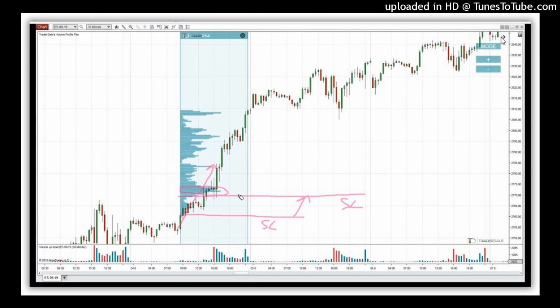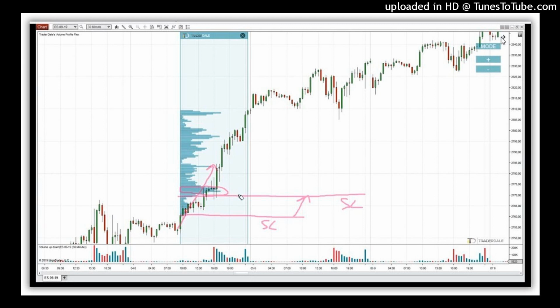The reason for that is that heavy volume areas are strong support and resistance zones. And when the price gets into a heavy volume area, there is a risk that the price will reverse. You don't want to risk that, so you quit your position. So let me show you some examples of that.